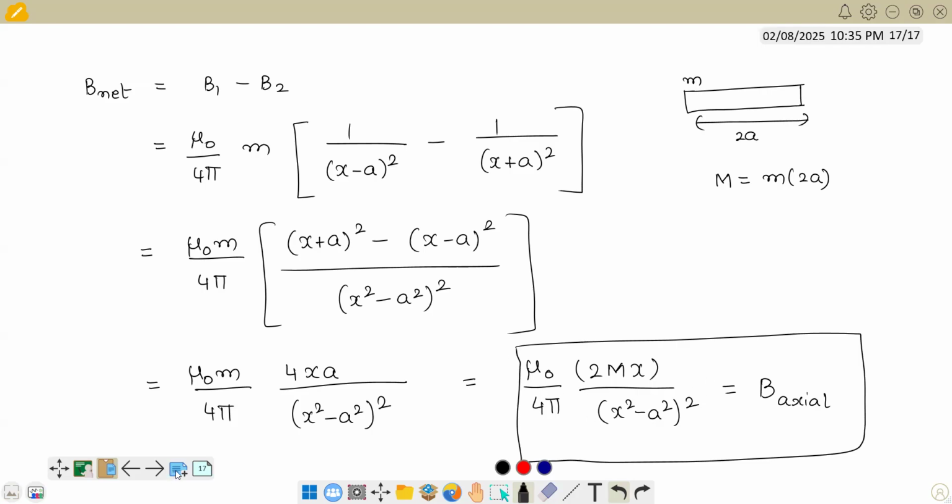Once we have this, let us look at a special case that is asked in examinations like NEET. So we got B at an axial point as mu naught by 4 pi 2Mx divided by x square minus a square whole square.